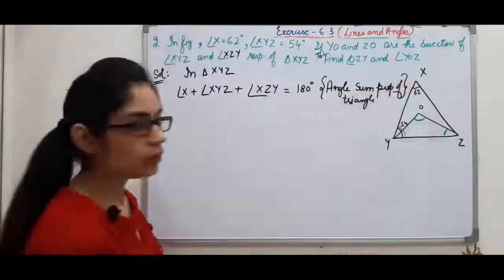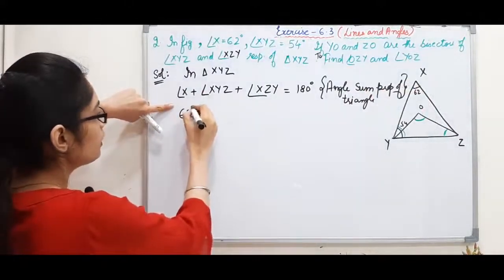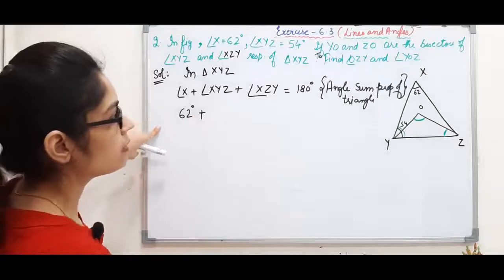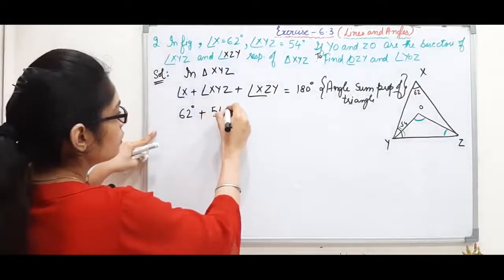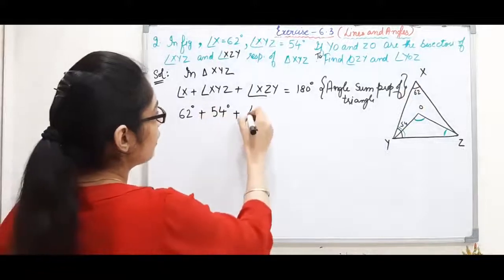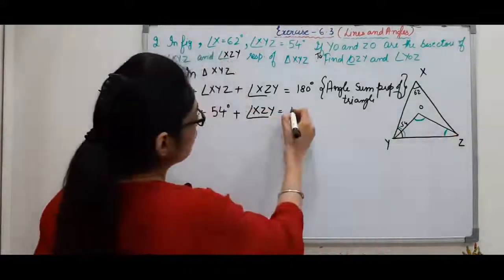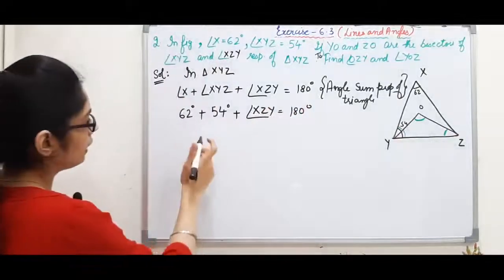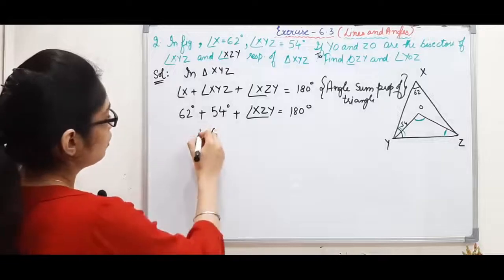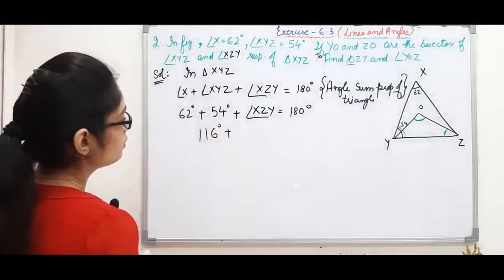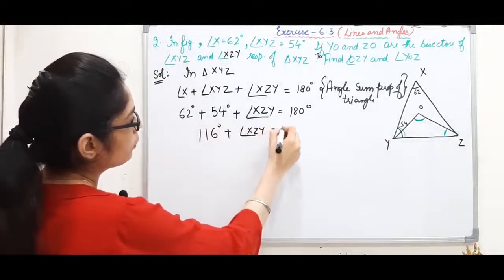We know the values of two angles. So angle X is equal to 62 degrees, it's already given to us, and angle XYZ is equal to 54 degrees. This is also given to us. So we can find the value of angle XZY, this complete angle. On adding we'll get 116 plus angle XZY is equal to 180 degrees.